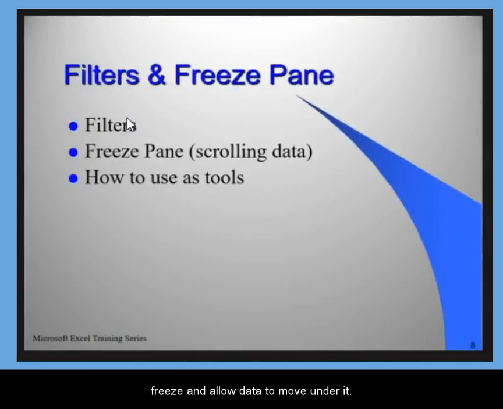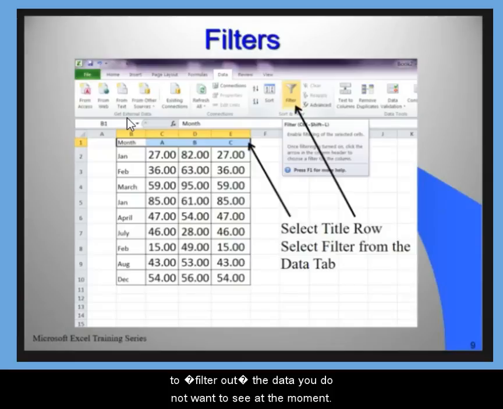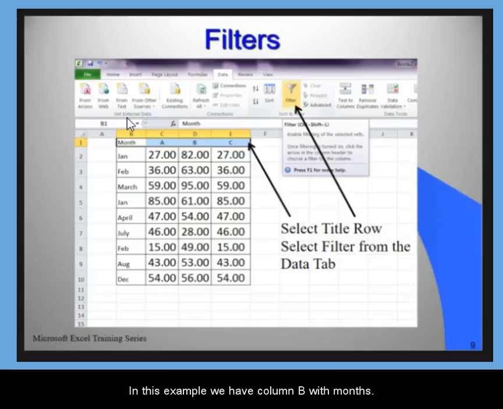So again, a little bit about filters and freeze panes and how to use those as tools. So filters, again, I've got large columns of data. I don't have enough data to where I really want to use either a vertical lookup or a pivot table, which is when I get much larger pieces of data, you want to revert over to a pivot table.